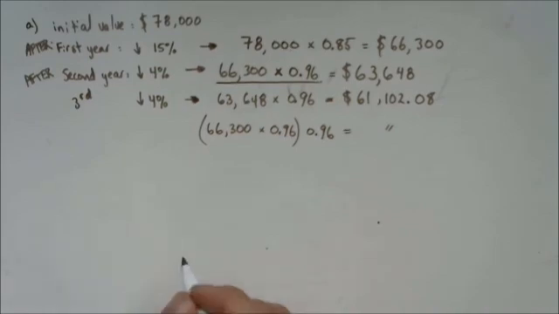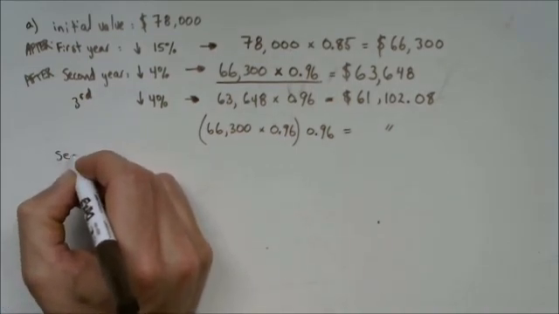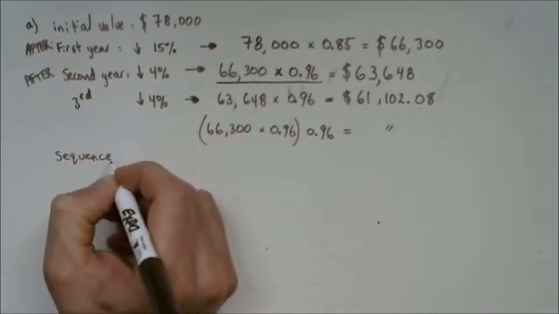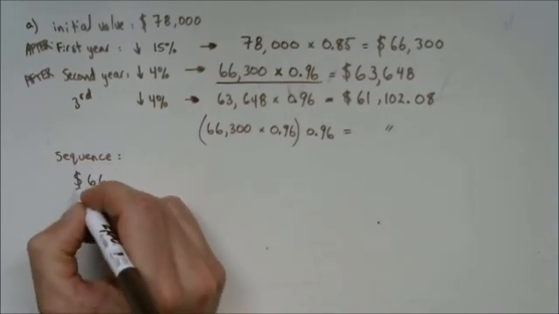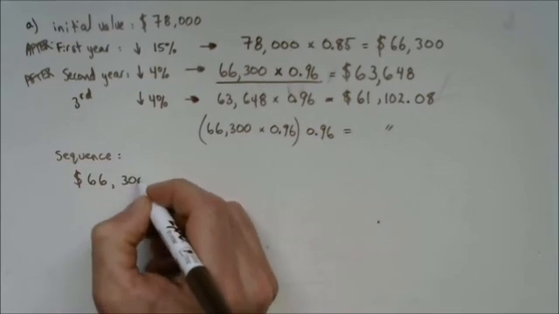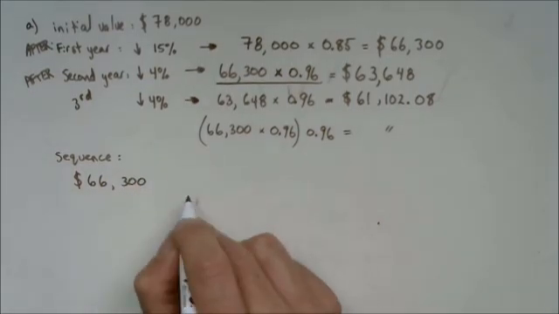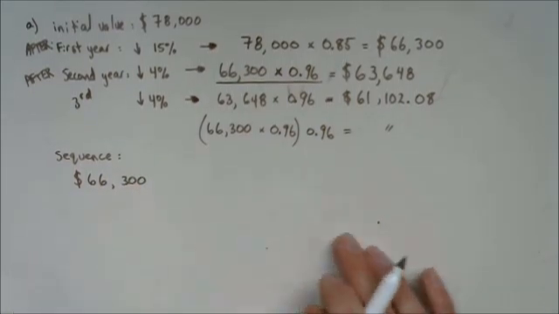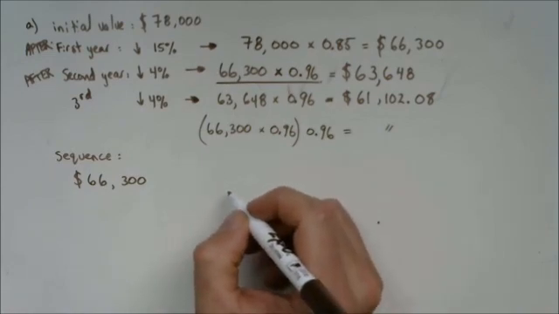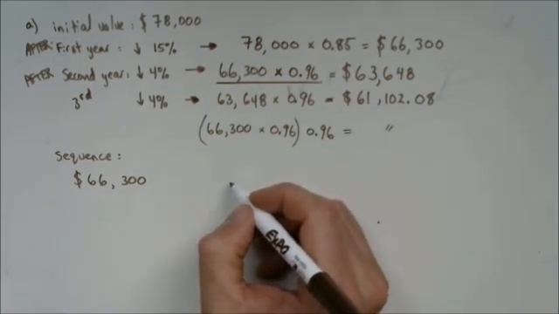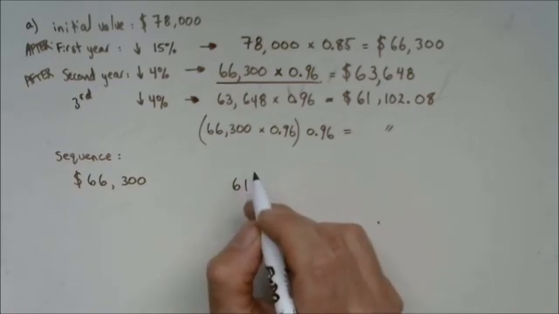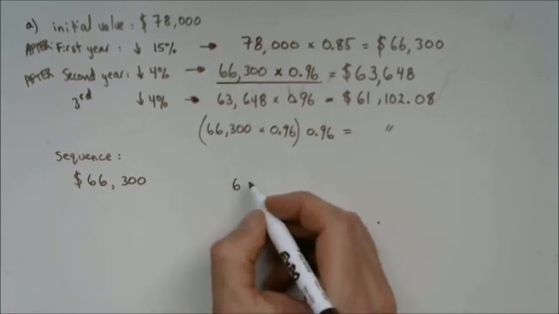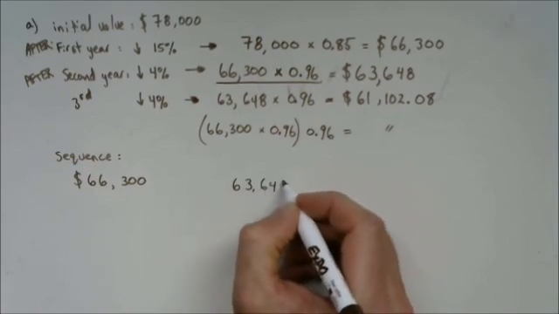So the sequence that we've come up with for the first 3 years is 66,300. I'm just going to leave a big space in between my numbers because I'm going to do another little thing underneath here. Then we have 63,648.